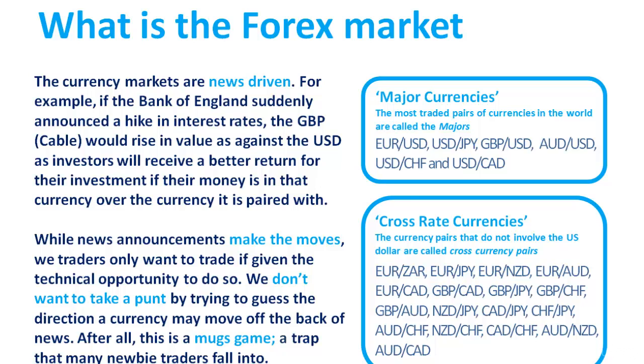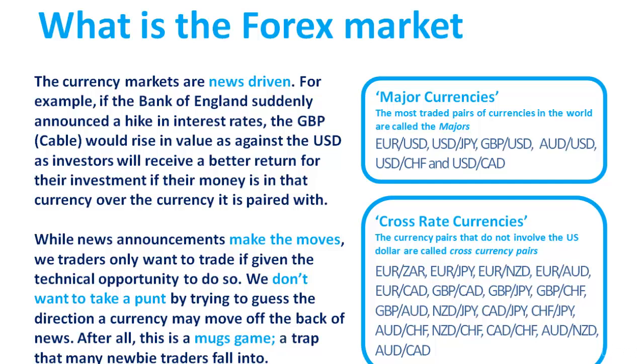Because if interest rates rise, then that would be a much better return for people who invest in the British pound than they would otherwise get if they were invested in a currency which had a lower interest rate. Of course, at the time of doing this video, the interest rates are rock bottom, so if they are increased, then that will suddenly cause an excitement. The pound will invariably go up against the US dollar because investors will get a much better return on their money.